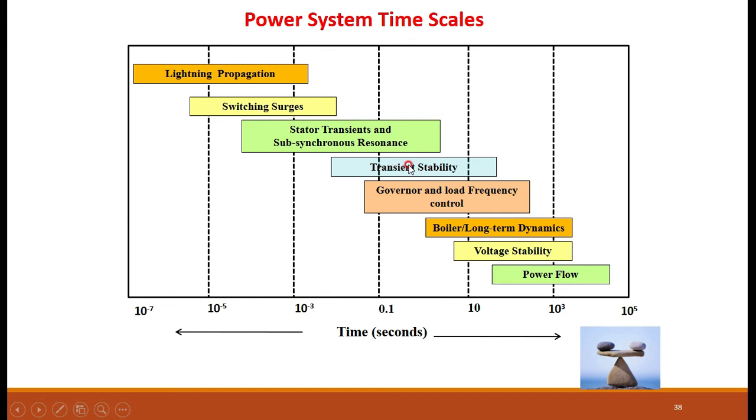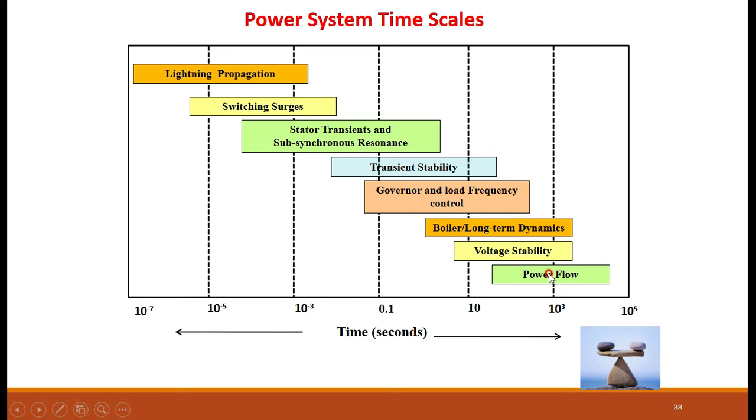And next comes transient stability, that is rotor angle stability, because of large changes in the system. That study lasts for 1 second to 10 seconds. Whereas governor and load frequency control is from 0.1 to around 300 seconds, and then come the boiler and long-term dynamics, that is voltage stability and power system stability, power flow.